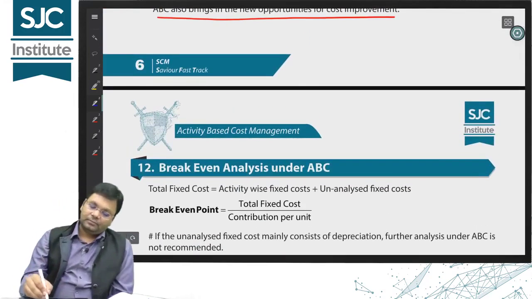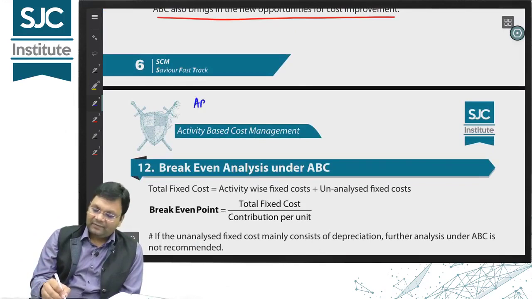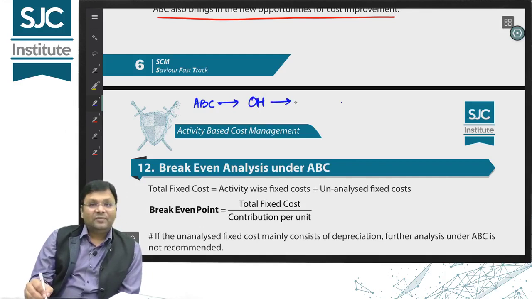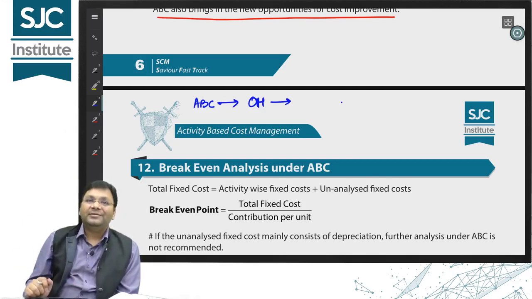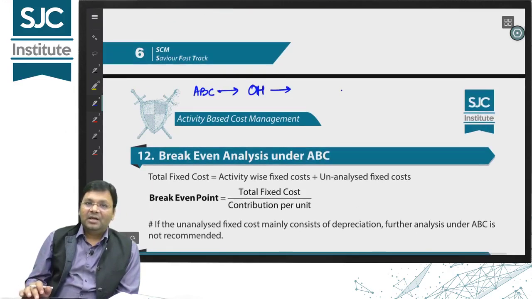First, if you remember, I have talked that ABC deals with overheads. In absorption costing, we assume that all overheads are fixed, but ABC assumes all overheads are variable, but only in the long run. In short run, they cannot be variable. Remember this.